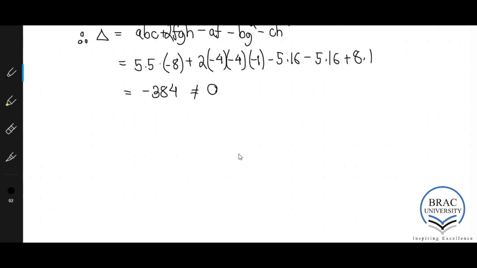So this means that it is not a degenerate conic section, it's a non-degenerate one. So we have delta is not equal to 0.